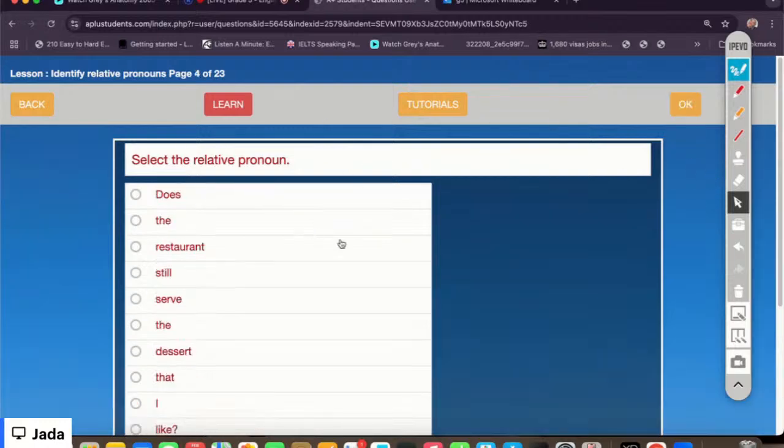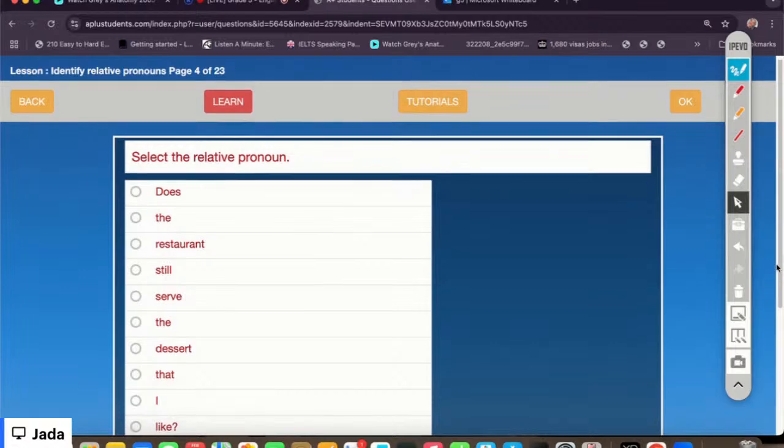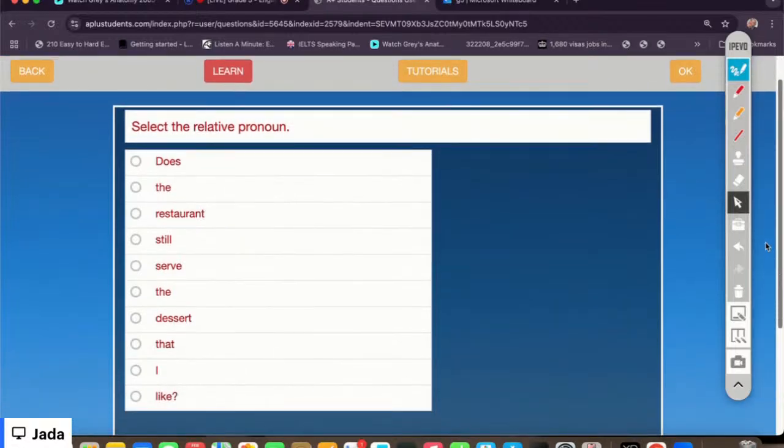Select the relative pronoun. Does the restaurant still serve the dessert that I like?